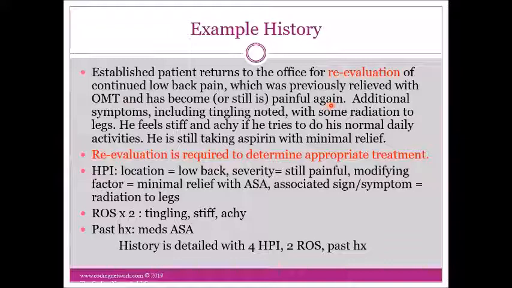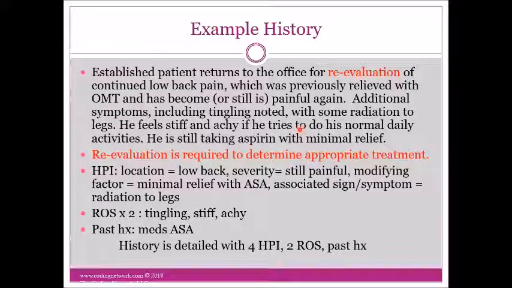So again, the key components of the history of present illness elements, the review of systems, for example, additional symptoms including tingling noted, some radiation to the legs, feels stiff and achy, has tried to do his normal daily activities and having trouble with it, taking aspirin with minimal relief. So somehow indicating that that reevaluation is required to determine the appropriate treatment.